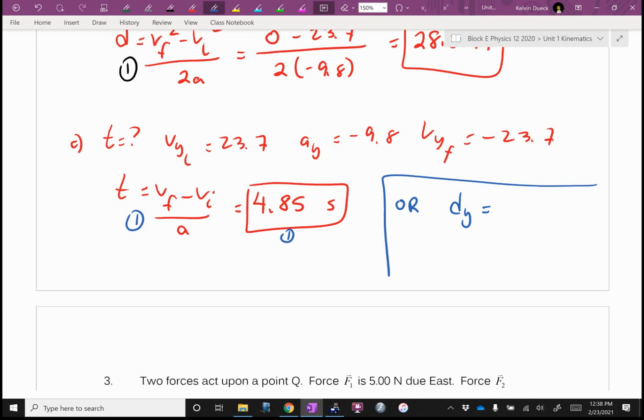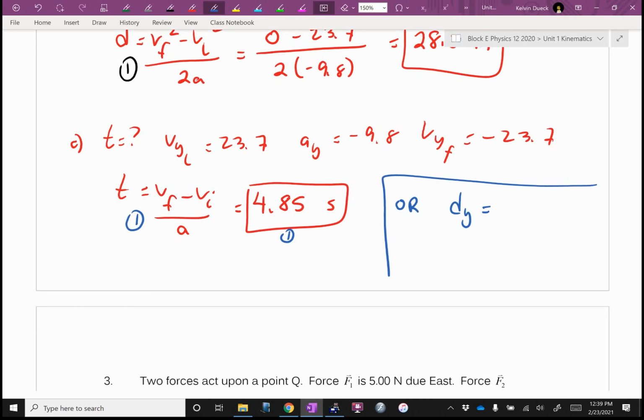Did we start on the ground? 0. What's our initial height? 0. What's our final height? In part C, what's our final height? 0. So what's our vertical displacement? If we started at 0 and ended at 0, what's our vertical displacement technically?